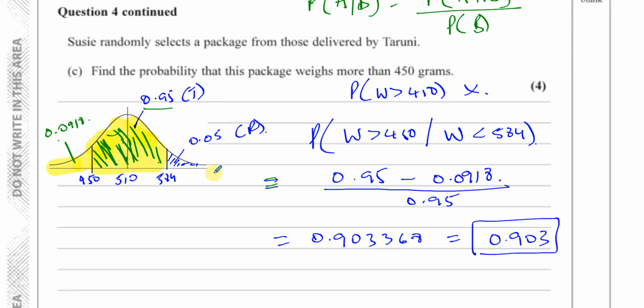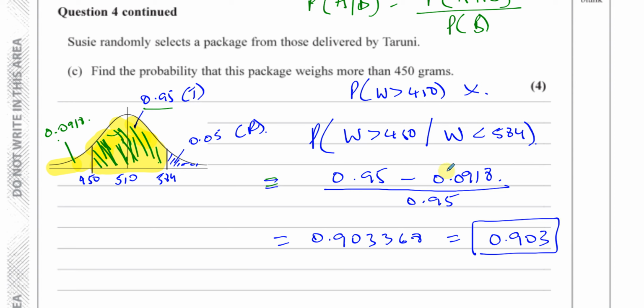We're trying to find the probability that a package delivered by Taruni weighs more than 450 grams. So we already have the figures that we need for this. Basically, you're only considering the ones delivered by Taruni, which is 95% of the packages. That's the sample space, so that's why you have the probability underneath of 0.95.